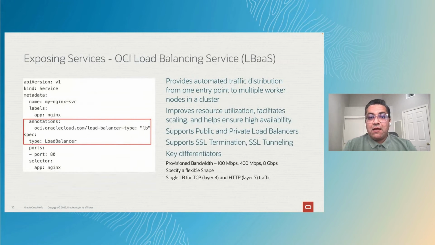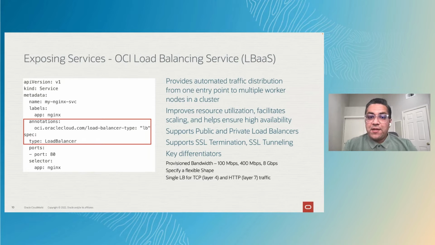Now, let's focus on how you would expose your application using the service manifest in Kubernetes. When you define a Kubernetes service and configure the type LoadBalancer to expose an application to the internet or to a local network, you can specify how the Container Engine for Kubernetes implements the service of type LoadBalancer.